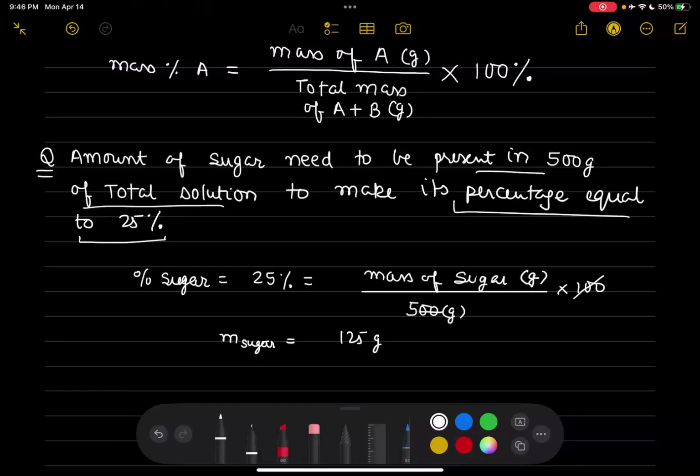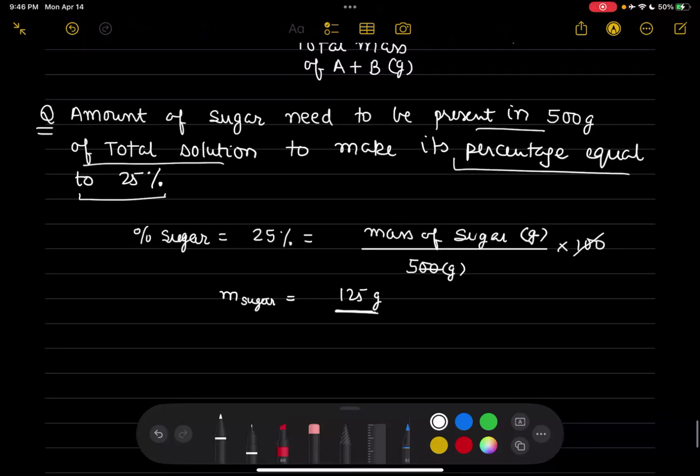So the mass of sugar is 125 gram. And what is the mass of water if they ask? 500 minus 125, that is going to be 375.